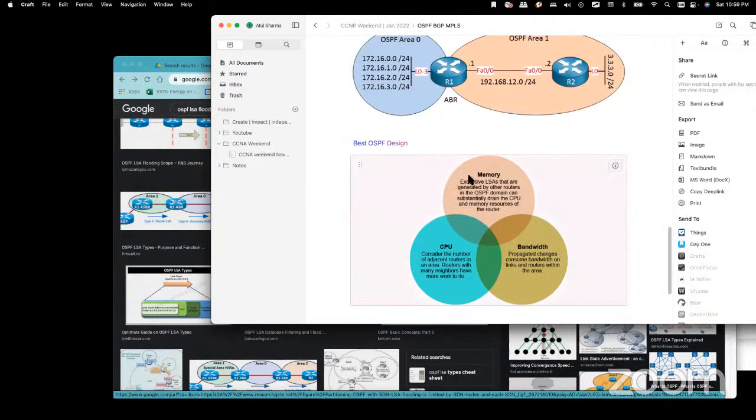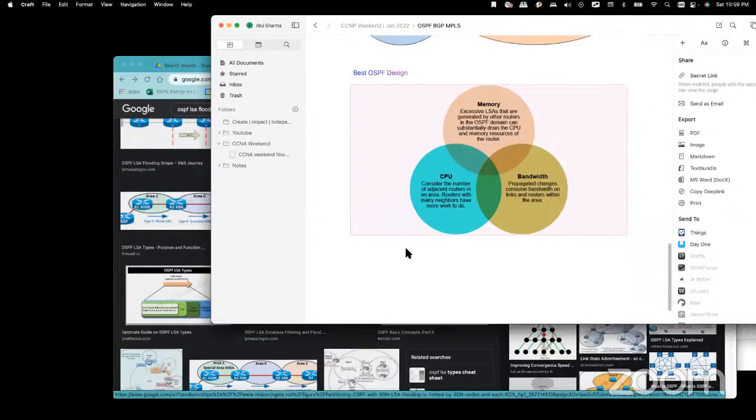First of all, OSPF takes a lot of memory because OSPF is a CPU killer. When you generate a lot of packets, it is going to eat up memory, eat bandwidth, and use CPU. How OSPF impacts a router depends on multiple factors.